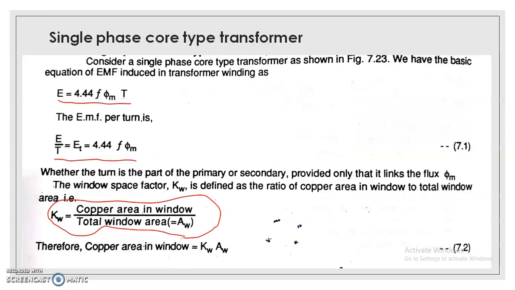If we take the ratio of that, we get the window space factor Kw. We just have to find the copper area in the window, so the copper area in the window is Kw into Aw.